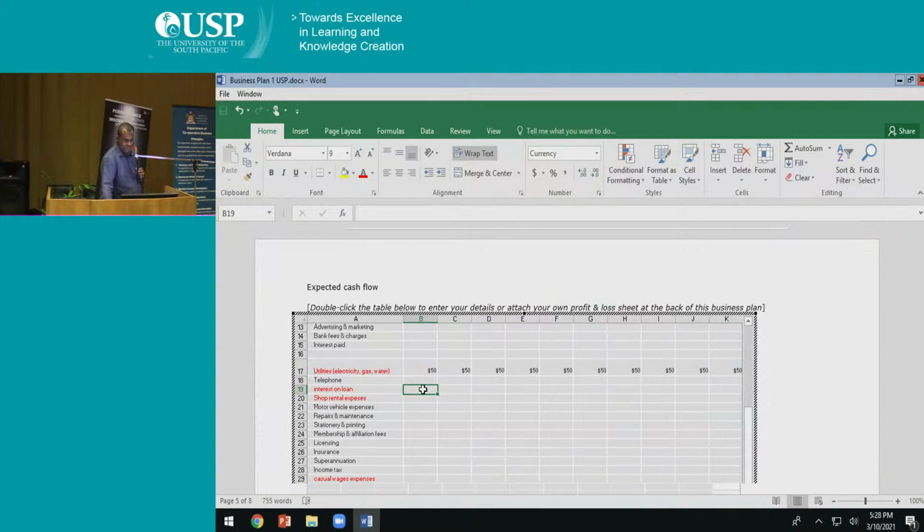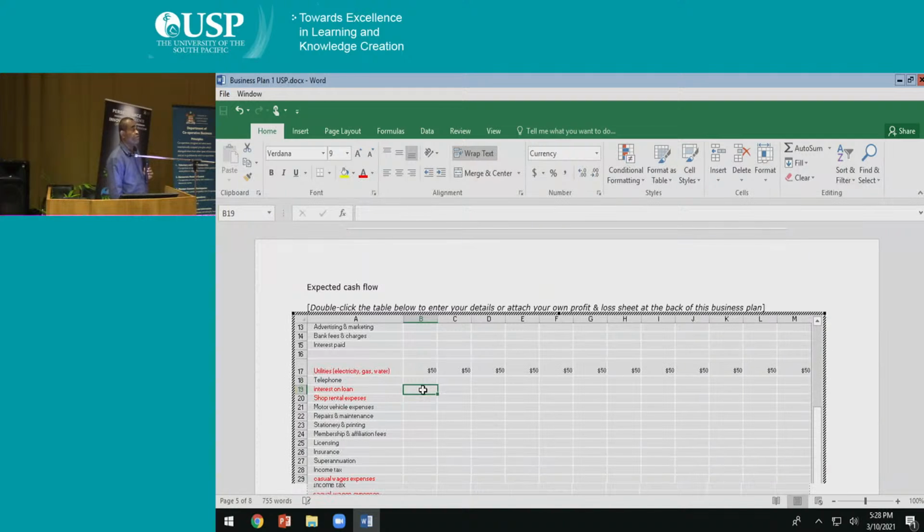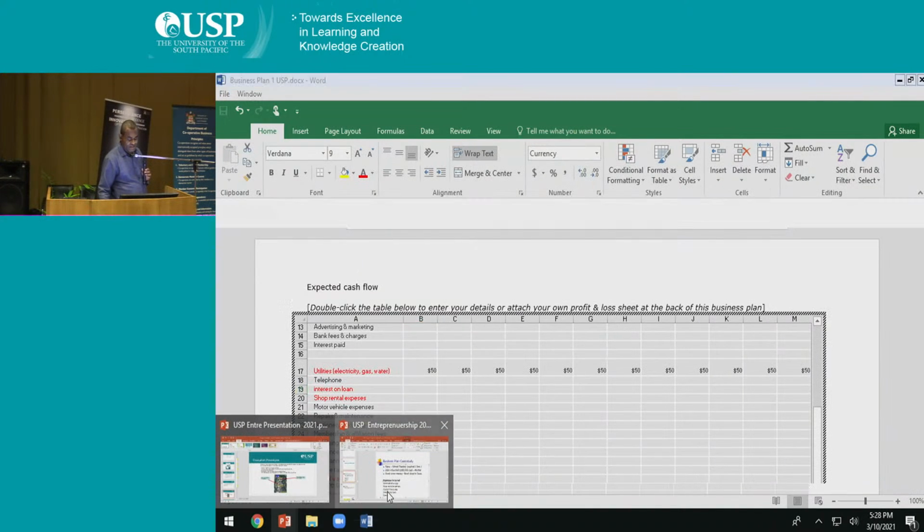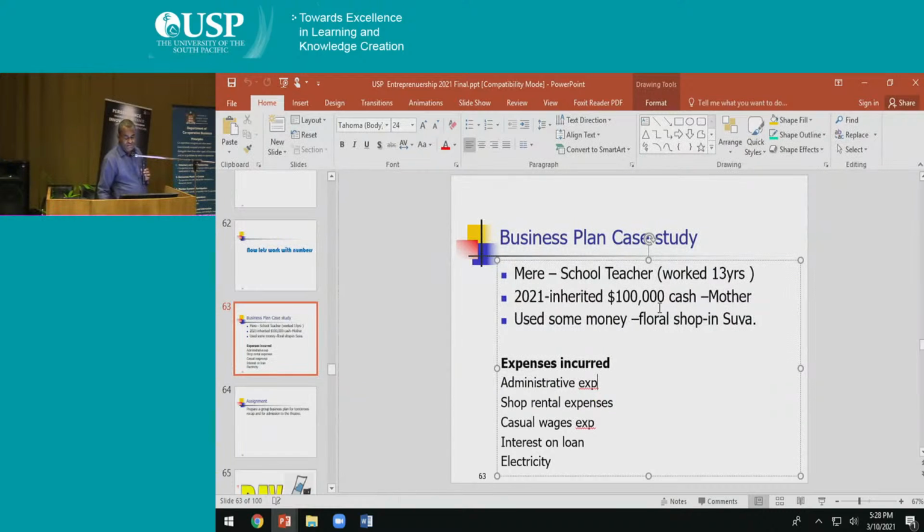Interest on loan. Okay, that's another expense. It is said in the case study that she used only some money.